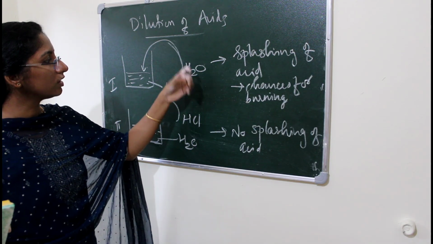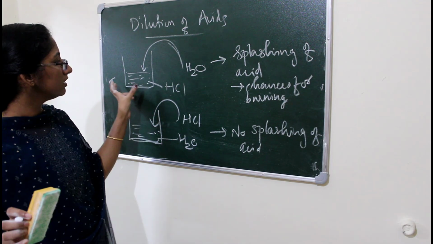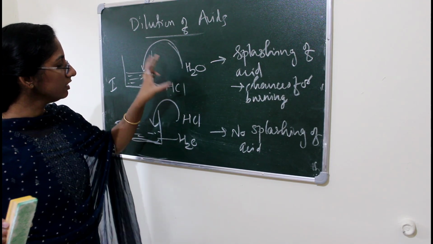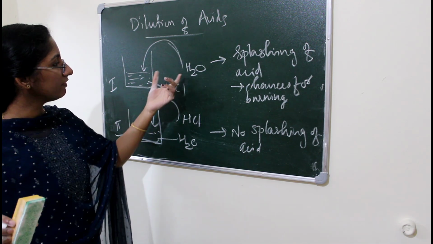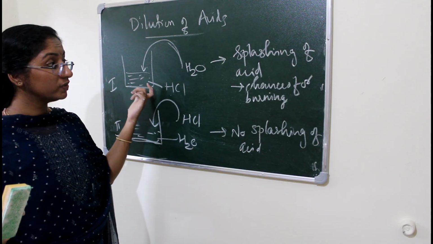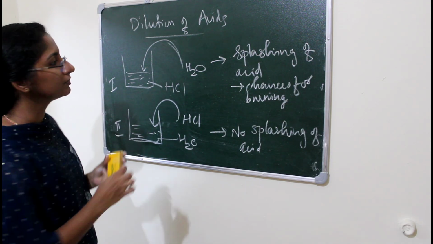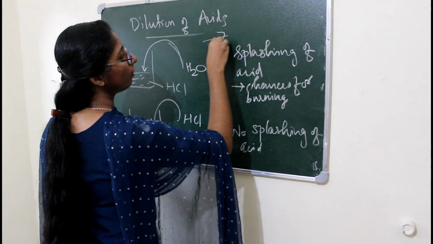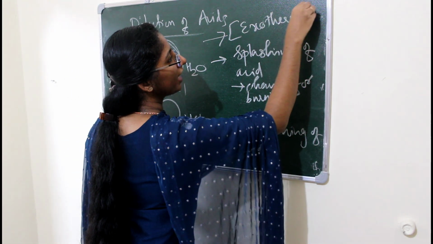So when we add water to this, there is a change in temperature, and on dilution the H plus ion concentration decreases, right? So when we add a little amount of water to this concentrated HCl, there is a chance for splashing out of acid due to the exothermic reaction. The reason is that this is an exothermic reaction.